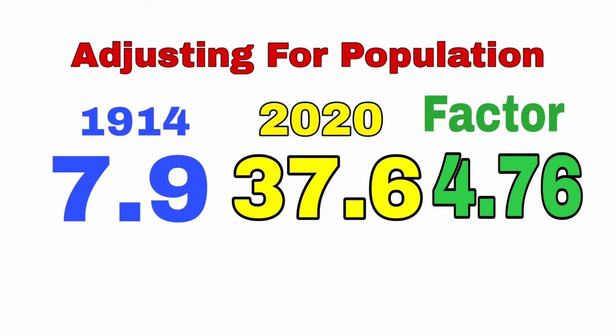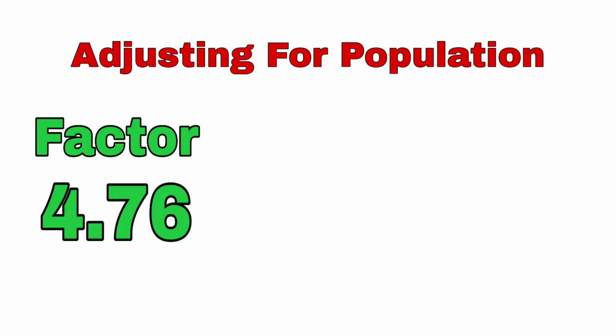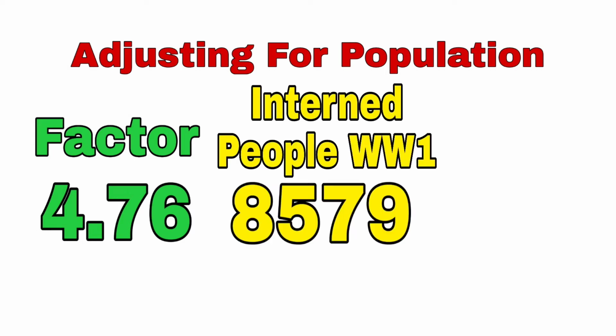All right, so that factor, 4.76, and you take the interned people total in World War I, which is believed to be 8,579 people. You multiply that, and what comes out at the end is the total that would have been today.